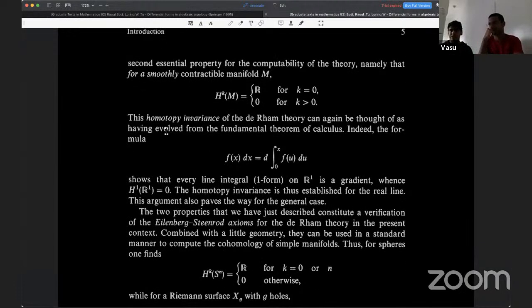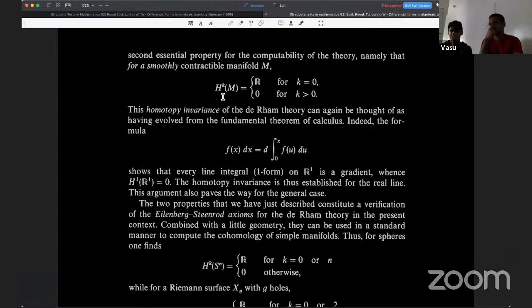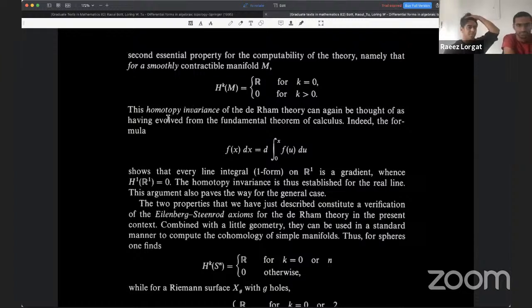Now, with this specific example under our belt, and we'll see another one very soon, we should also point out something very essential about the de Rham theory, which is intuitively clear. We didn't even need to declare it from our presentation as the simplified dual of the homotopy groups.